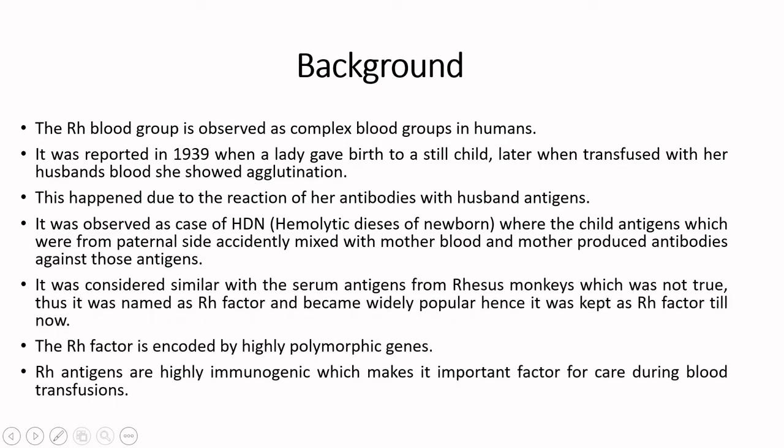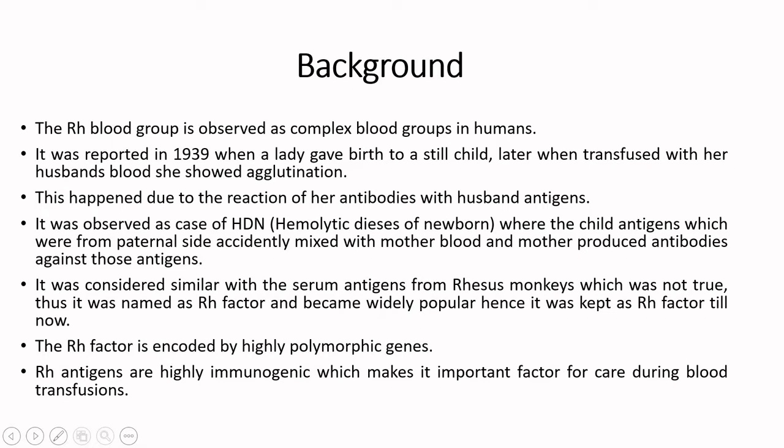So that was matching with the serum antigens from rhesus monkeys, and this is actually the naming of the antigen as Rh factor. But it was not completely true, because those antigens do not always match with the rhesus monkeys, but because it became widely popular, it has been kept as Rh factor till now.